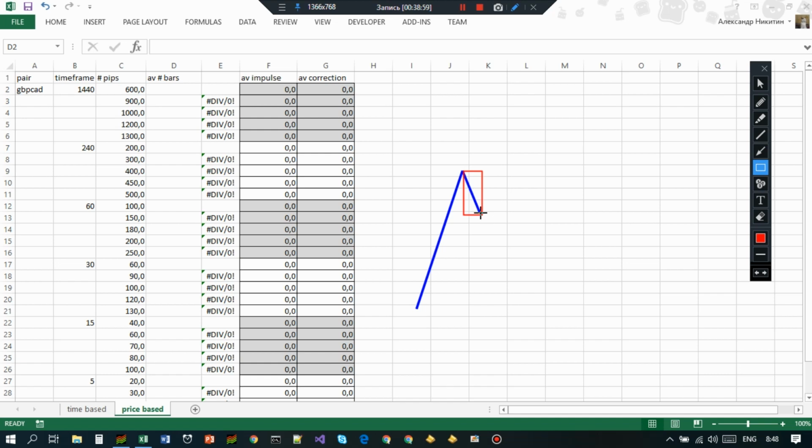This is the minimum. If it is less than that, then it is not fixed, and this impulse to the upside continues until you get something that is more than or equal to 600 pips, and then you draw it. So all the movements inside that are smaller than 600 pips, maybe this and this, are ignored. So this is the pips-based algorithm.